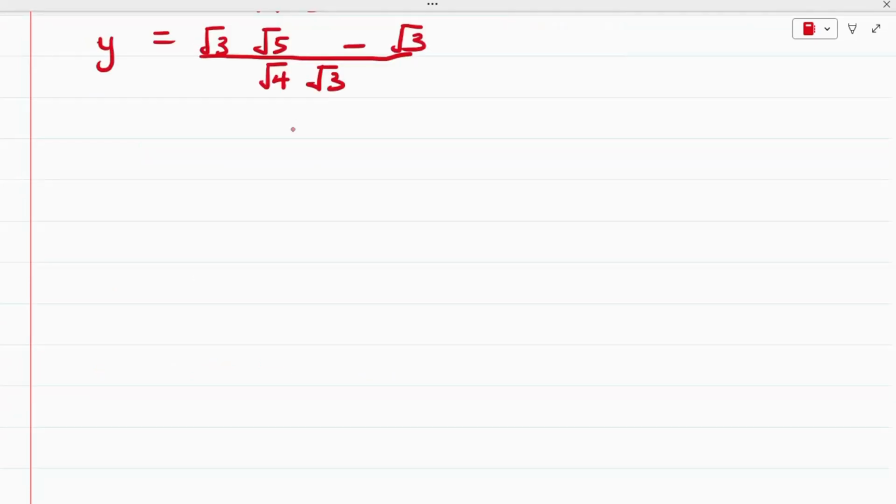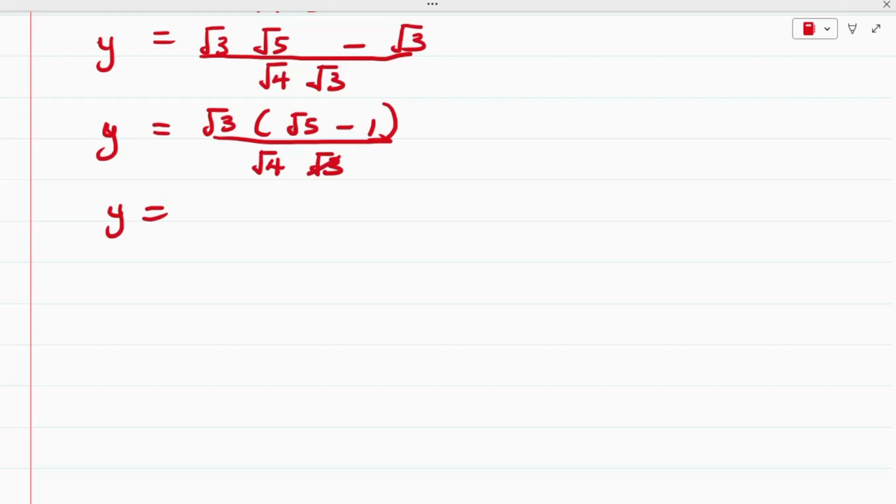Factoring out the root of 3 from the numerator, we have y equal to the root of 3 into the root of 5 minus 1, all into the root of 4 multiply the root of 3. This cancels out this, and we have the root of 5 minus 1, all into the root of 4, which is 2. We are going to name this equation star.